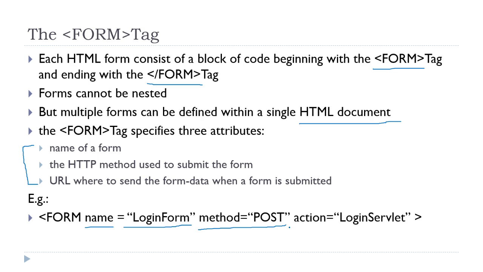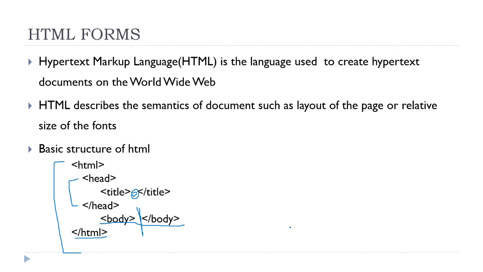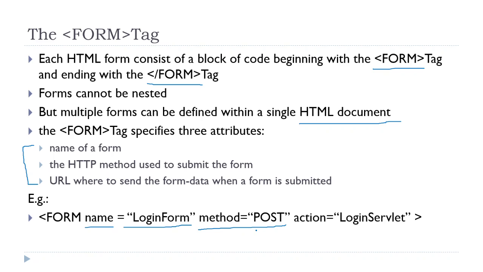This method will be used when this form is submitted. Each form will contain some elements, and whenever that form is submitted, whatever the user is interacting with, like text boxes, check boxes, radio buttons, the value of all these elements will be submitted. How will these be submitted? That will depend on the method which is used here.